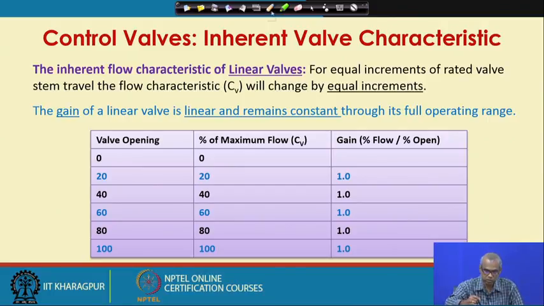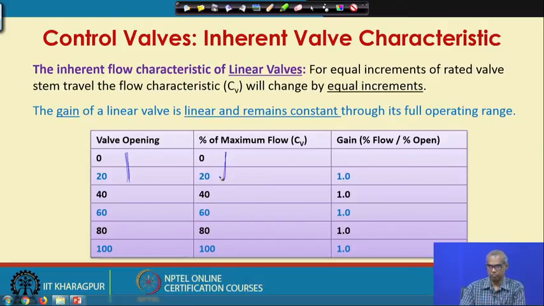So, as the data shows, for valve opening going from 0 to 20, the CV goes from 0 to 20. For 20 to 40, the percentage of maximum flow also changes from 20 to 40. So, for equal increments of rated valve stem travel, the flow characteristics changes by equal increments. The gain of the linear valve is linear and remains constant throughout its full operating range.